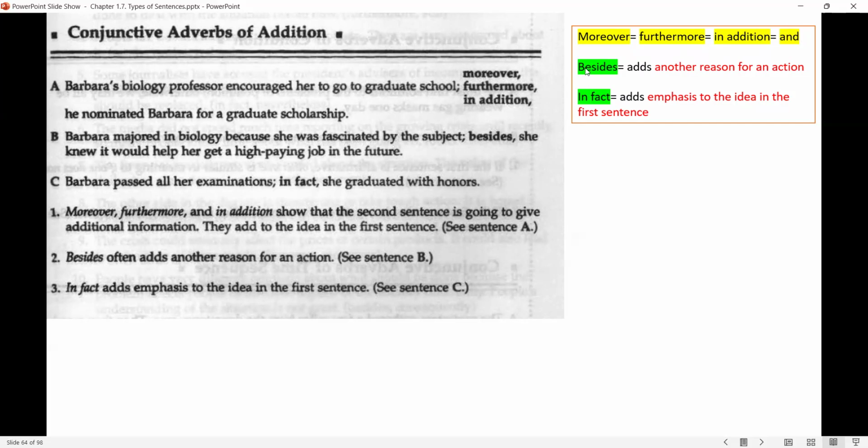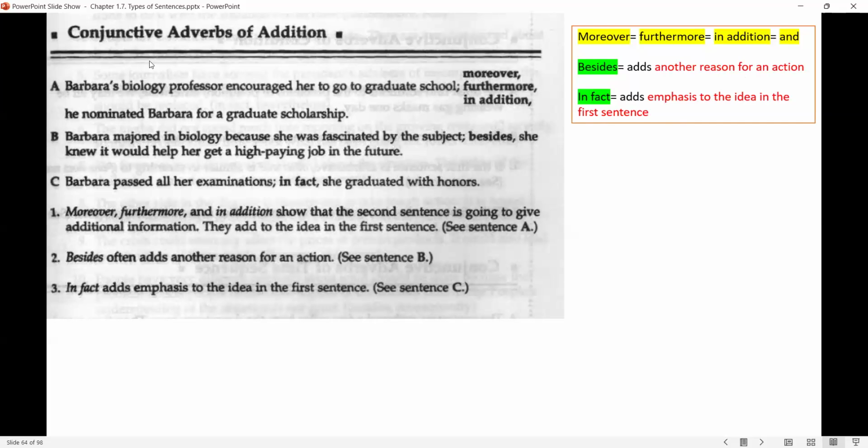Okay? Besides adds another reason for an action. So when you say besides, you are giving another reason. In fact, adds emphasis to the idea in the first sentence. So whatever you said in the first sentence, you are going to highlight that sentence after in fact.